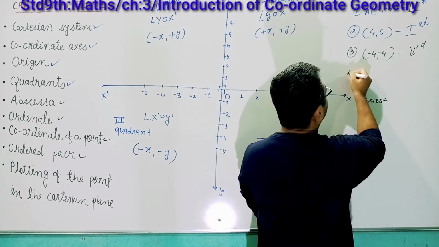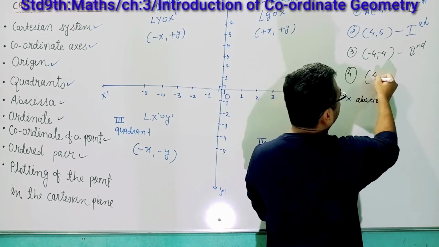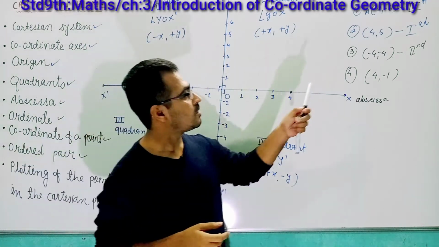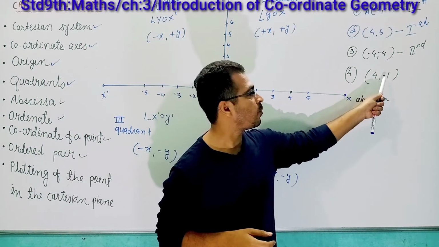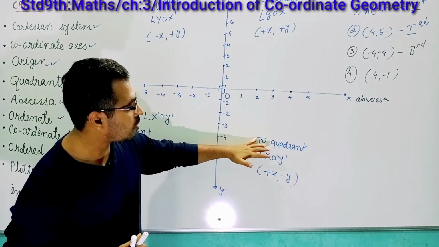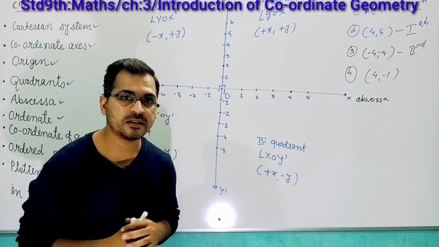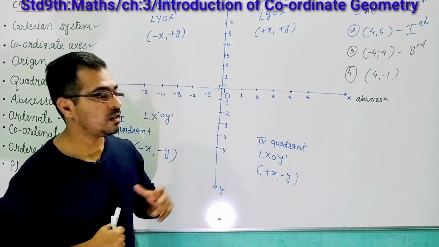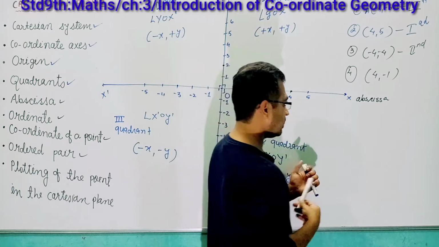Okay. Now 4 and -1. In which quadrant is the x point positive and the y point negative? Here you can see that in fourth quadrant x is positive and y is negative. So this point lies in fourth quadrant. Right, student?